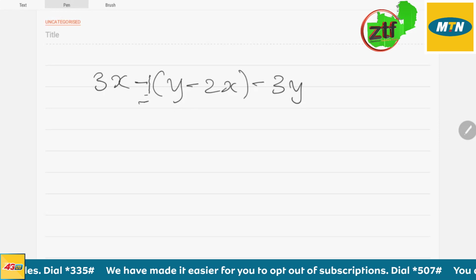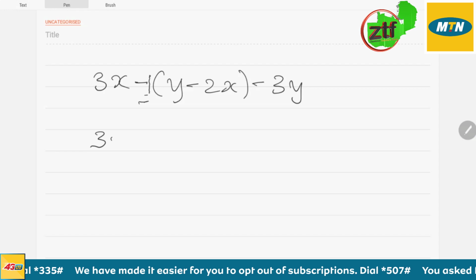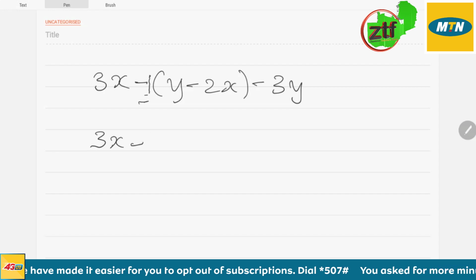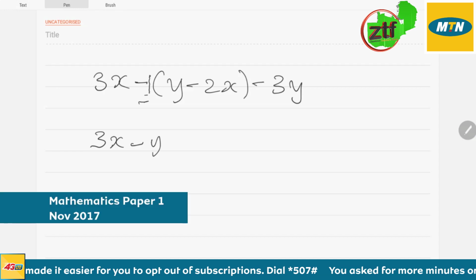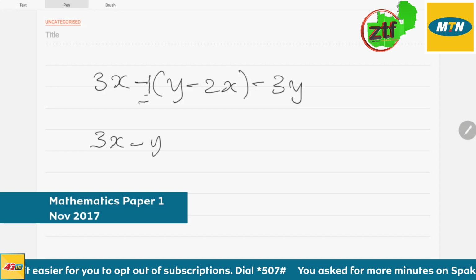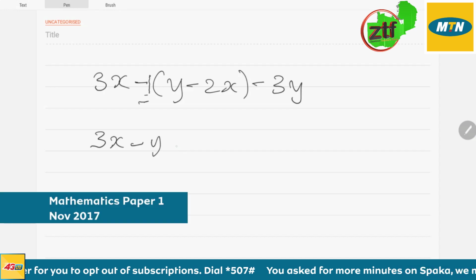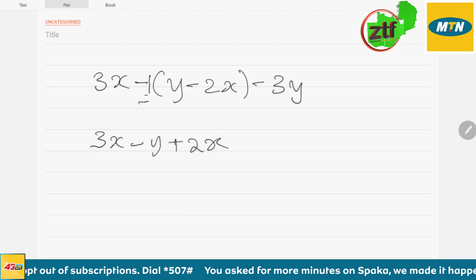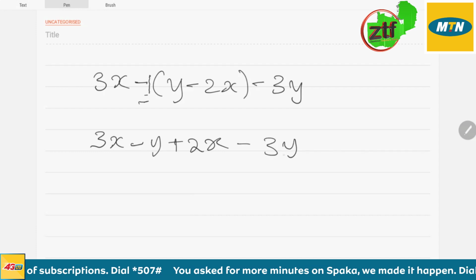So when you expand, you are going to have 3x, negative 1 multiplied by y gives you negative y, then negative 1 multiplied by negative 2x gives you positive 2x. Then we have minus 3y.